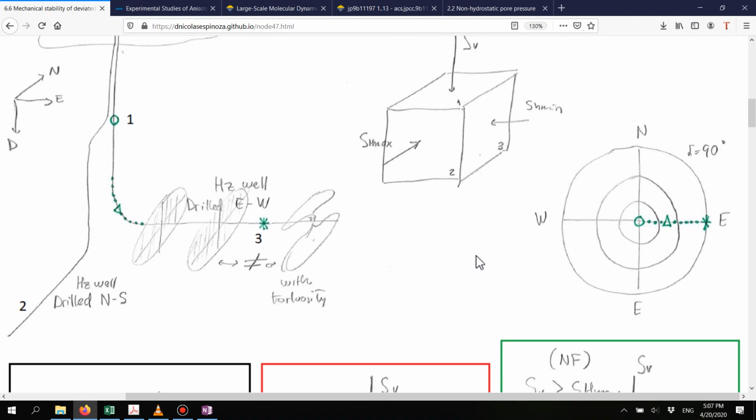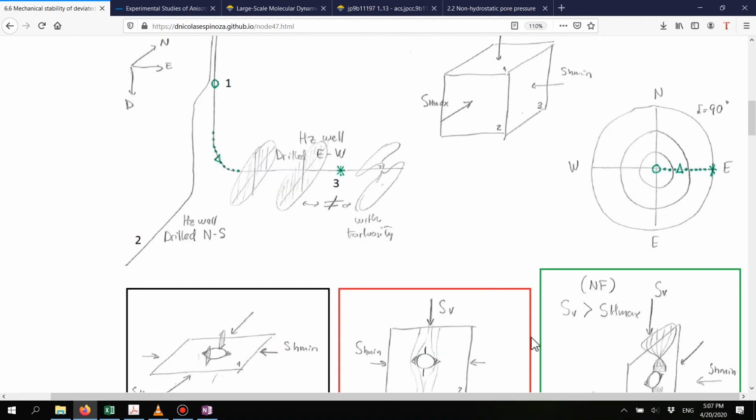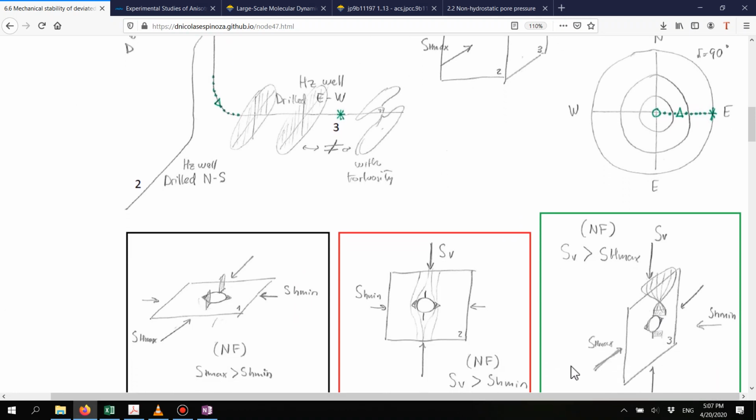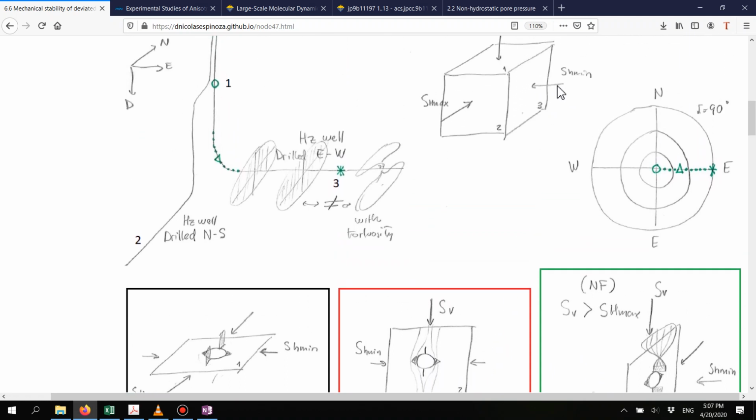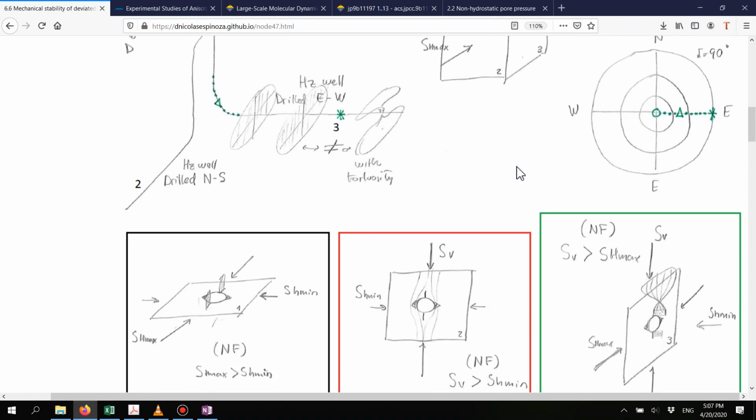All right, so here you have an explanation of how you would locate tensile fractures and breakouts in vertical wellbores and horizontal wellbores that are aligned with the principal stresses. In this case, notice that our principal stress is going in direction east-west, so we can simplify this problem for these horizontal wellbores whenever they are going into the directions of at least one of the principal stresses.